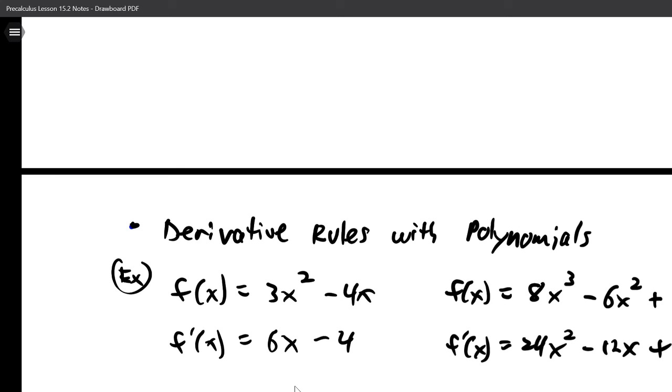The pattern is to find the derivative of a polynomial, take the exponent, multiply it by the coefficient, and then lower the exponent by 1 power. So 2 times 3 is 6, and we write, instead of x squared, x to the first. 1 times negative 4 is negative 4. Drop the exponent from a 1 to a 0, and x to the 0th is 1.